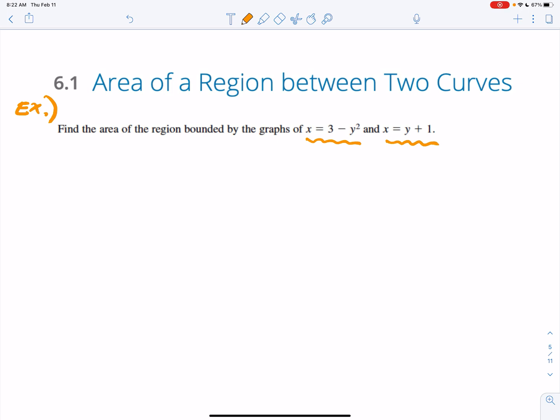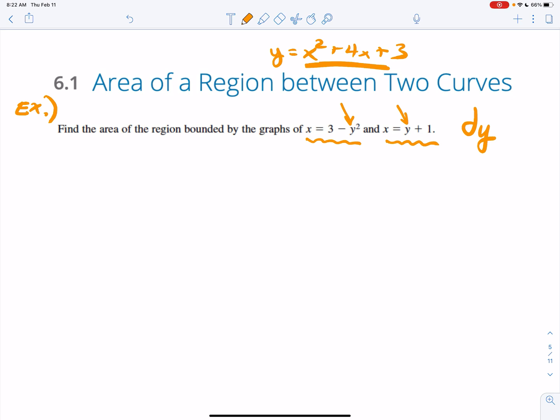So usually we're so used to having y equals x squared plus 4x plus 3. Everything was in terms of x here, and y was by itself. But if you notice equations where y is not isolated, notice how y is not by itself here or here, right? That's a telltale sign that we're going to integrate with y, all right?